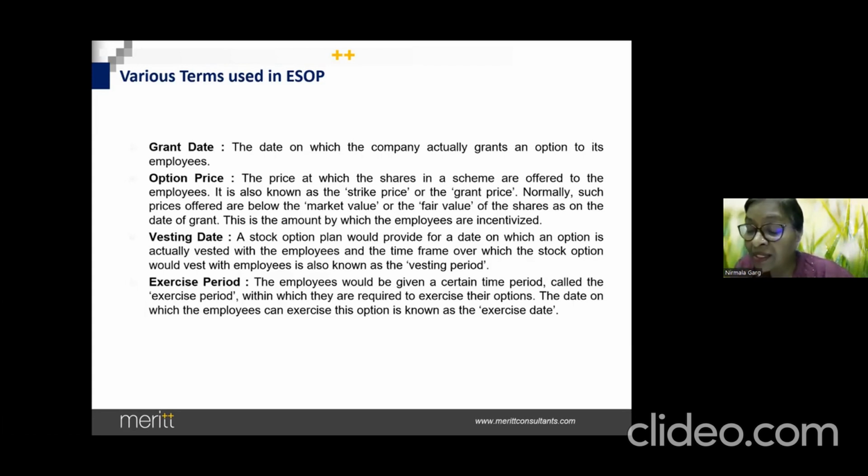A lot of employees at a low level are not finding any great monetary value when they stay for 1 year or 2 years, because if they jump and get a better offer, they tend to forget about this option. It does not give them as much value as the opportunity for a higher designation and higher compensation. They will get the benefit of an ESOP only when they comply with the time frames.